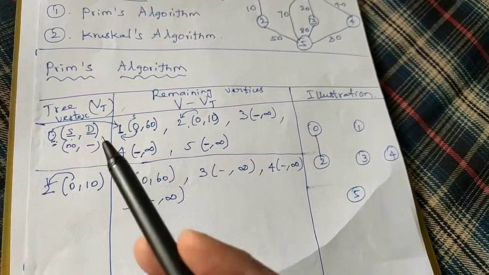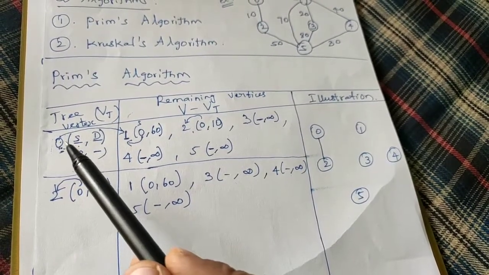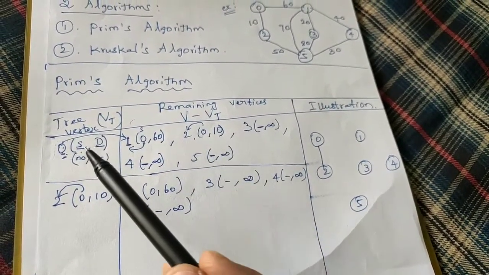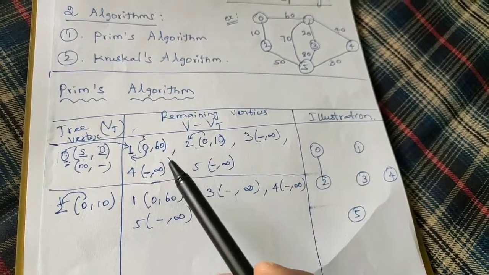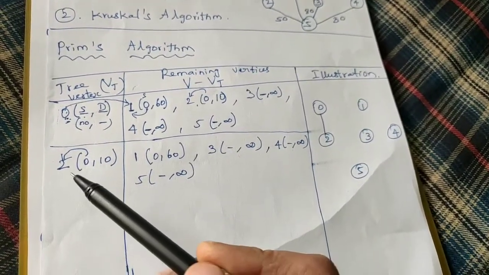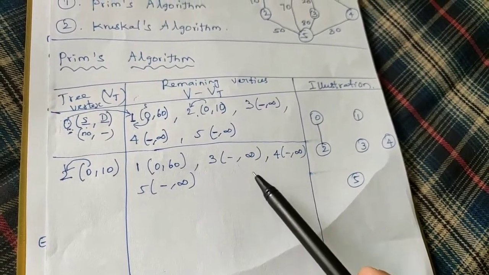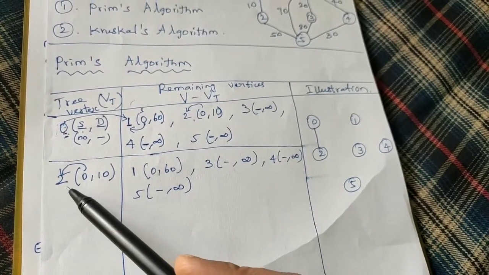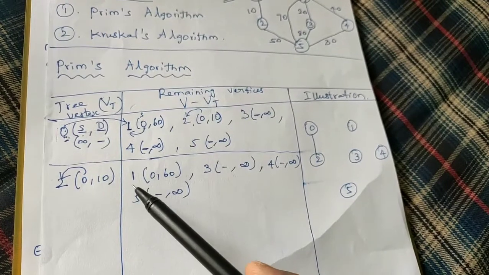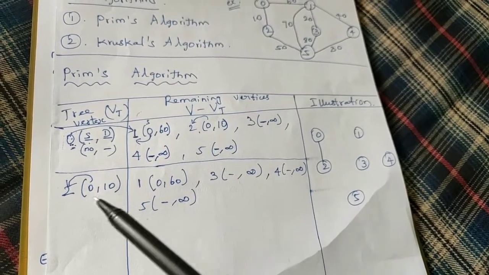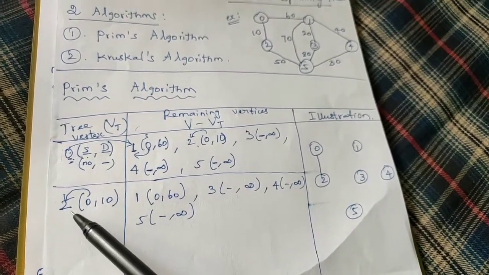Now see, I started visiting all these 5 vertices from 0. I got some distance. Now I have to start visiting these 4 vertices from the vertex 2.